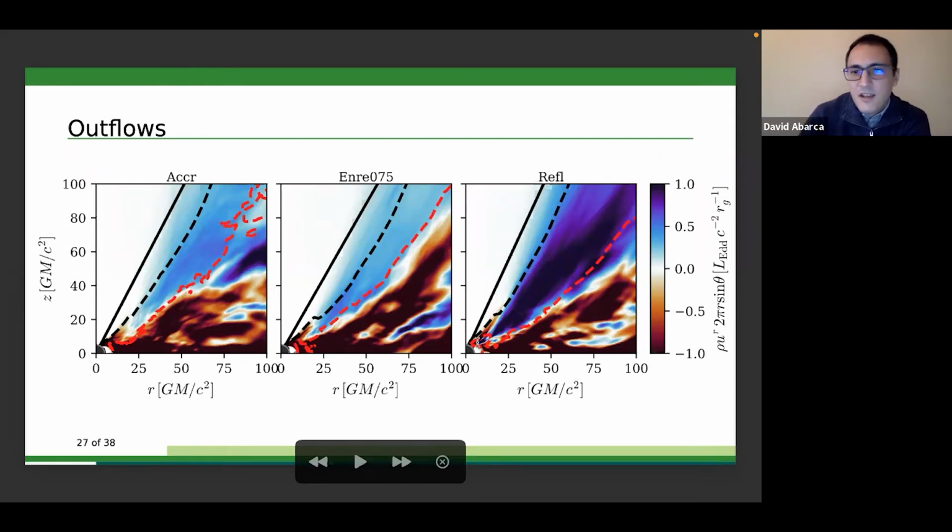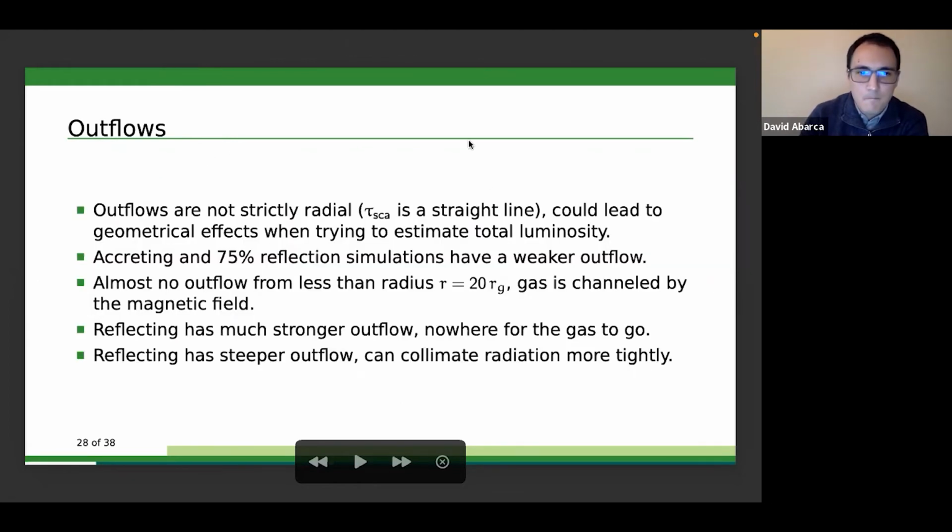And the reflective has tons of outflowing gas because the gas can't go anywhere, and it's very bright here. So you have these interesting circulation patterns that you can't see, and it just launches a much stronger outflow. And the basic idea is that this outflow collimates the radiation in this region. Let's move on.